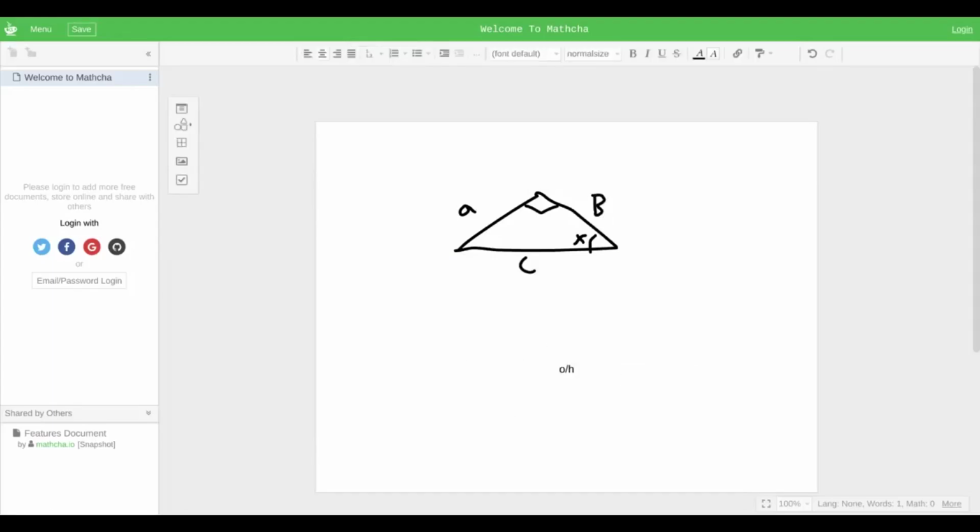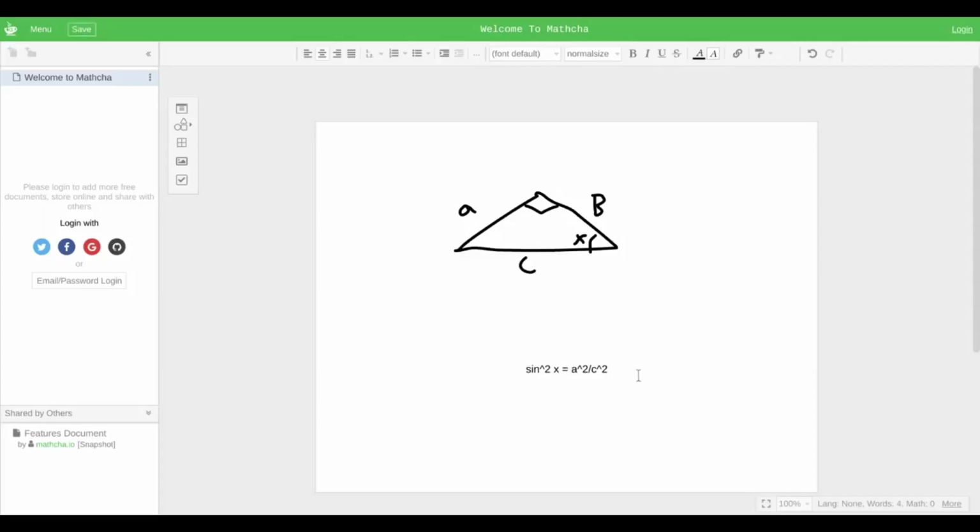So sine squared x would be A over C, but because it's sine squared, we expand that to get A squared over C squared. So that is sine squared of x.